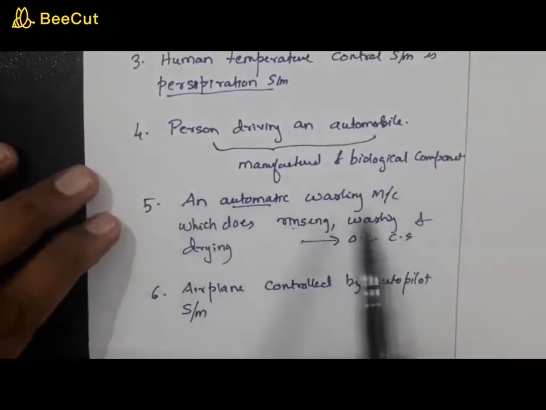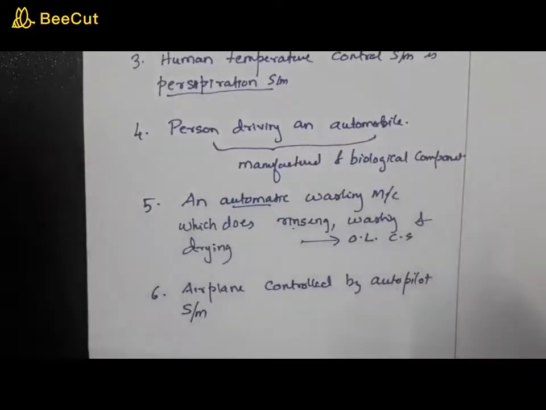In an automatic washing machine, the processes like rinsing, washing, drying, everything is controlled. So for any control system, there will be some parameters or variables which have to be controlled, and it has to be controlled based on some reference.